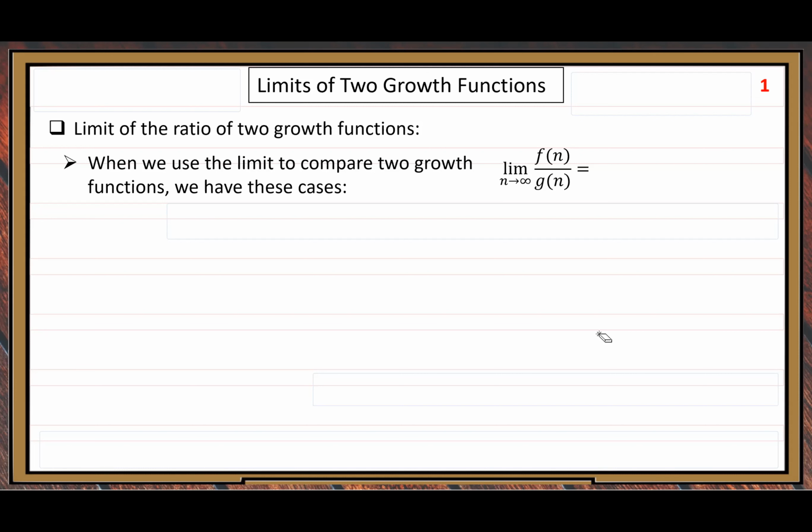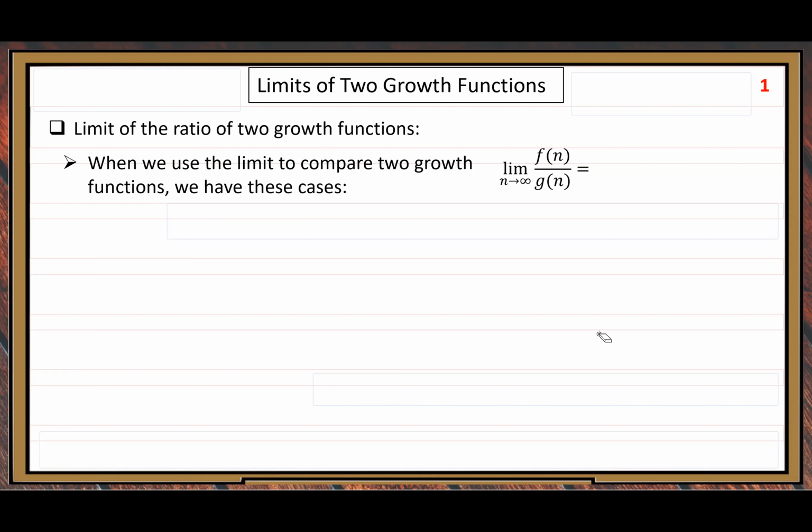The first question is, how many cases do we have when we look at the answer of this limit? How many possibilities could we have? First, I want to list all the possibilities.